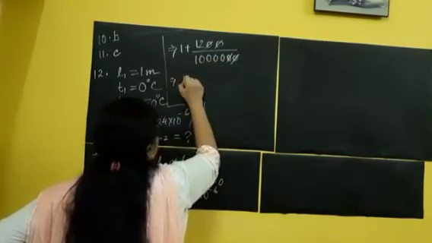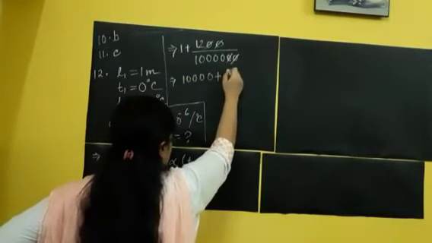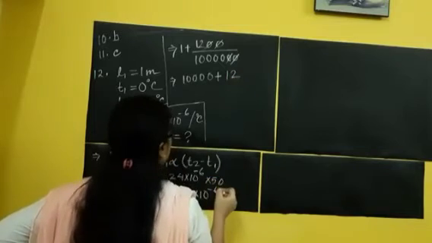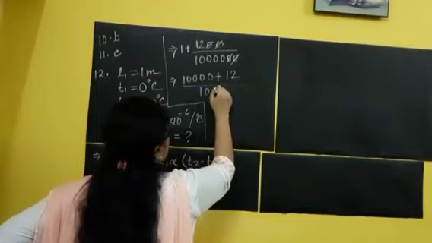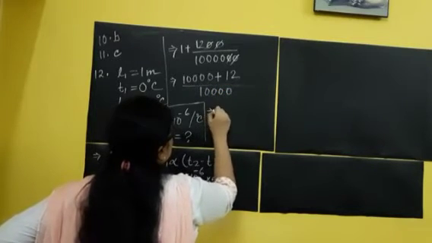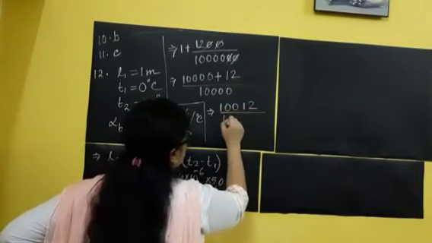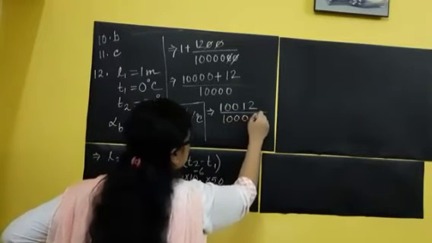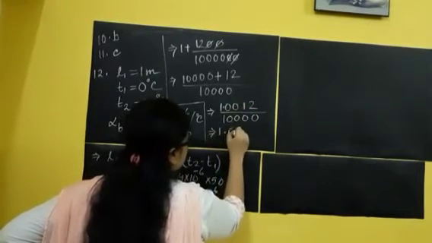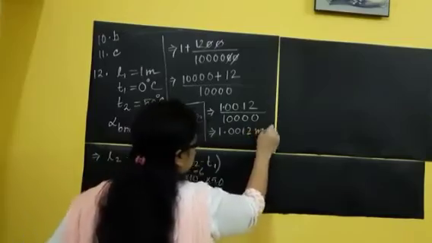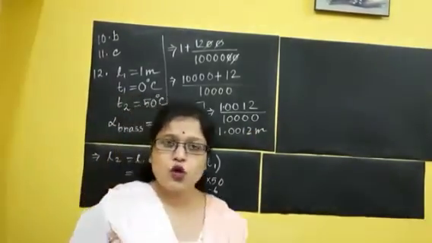So that is equal to 1.0012. So the answer will be 1.0012 meter. Probably this one. 1.0012 meter, option B. Okay, so that's all about MCQ.